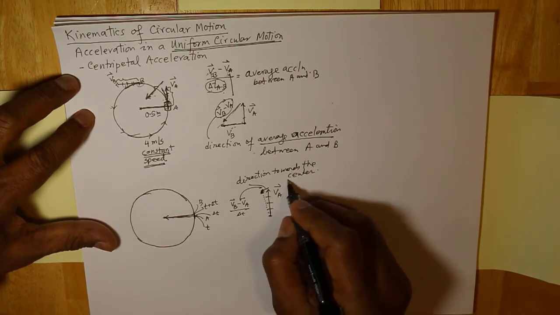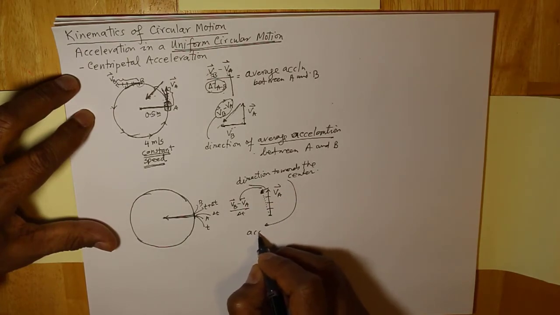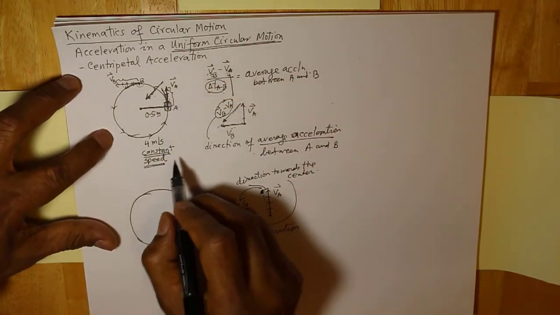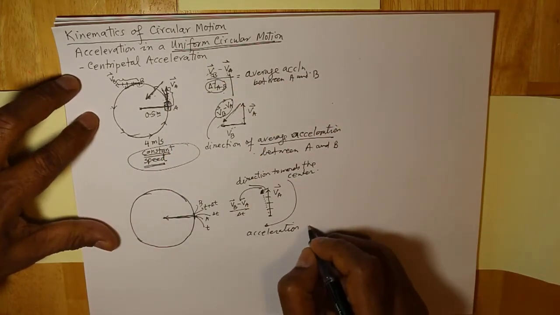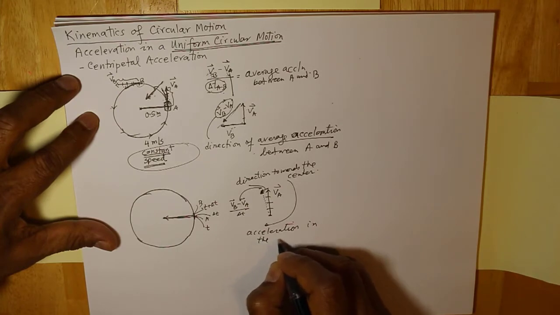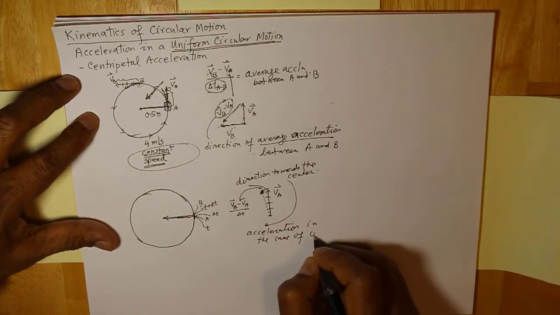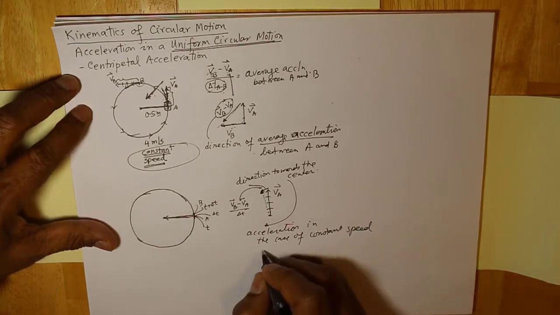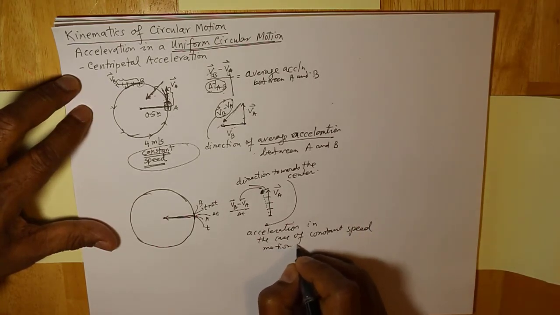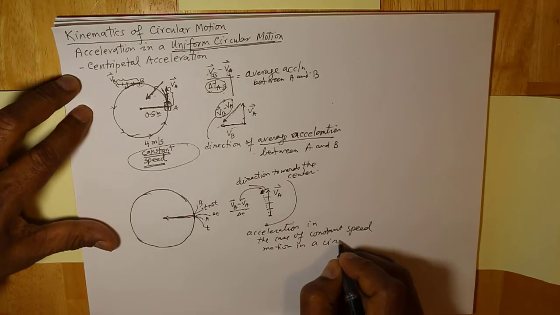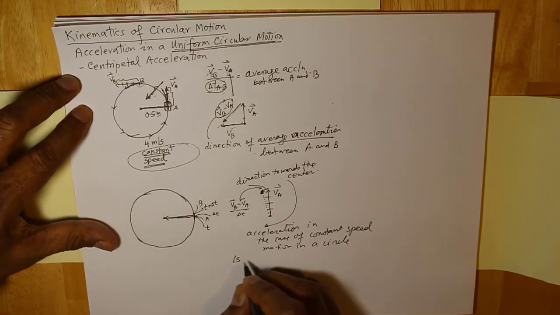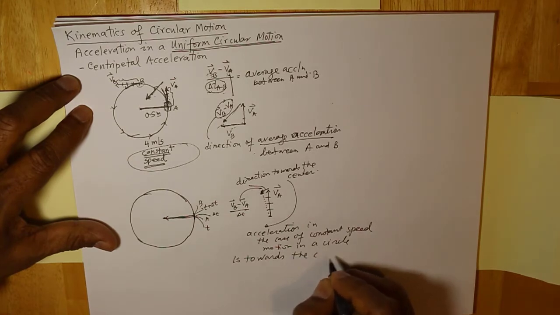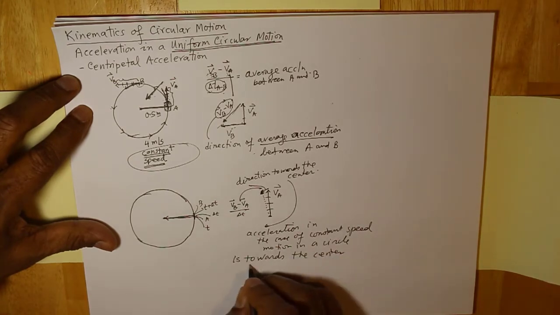So the acceleration in the case of constant speed motion in a circle is towards the center.